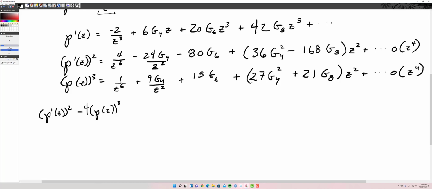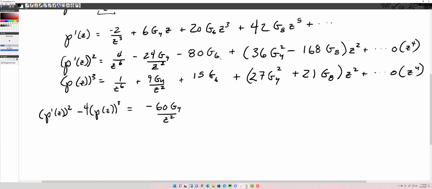Okay, now here we go. This is going to kill off the 1 over z sixth term, right? But it's going to leave us with some stuff. Here we have minus 24g4 over z squared. And here we have 36g4, which we're subtracting from 24g4. So here we have minus 60g4 over z squared.